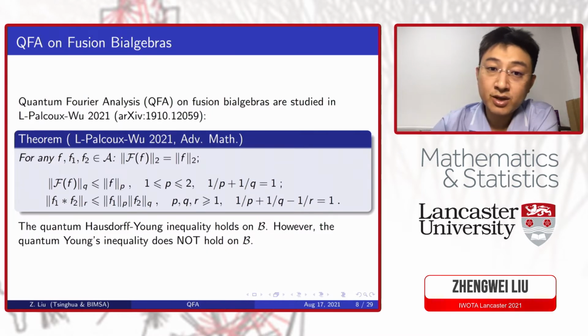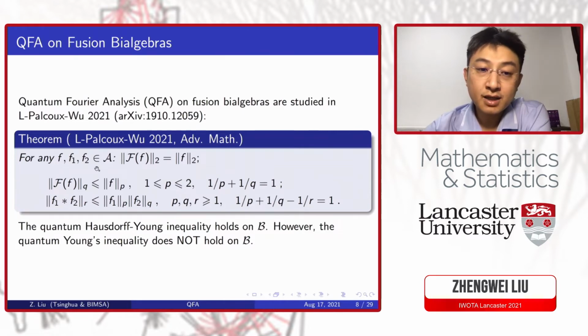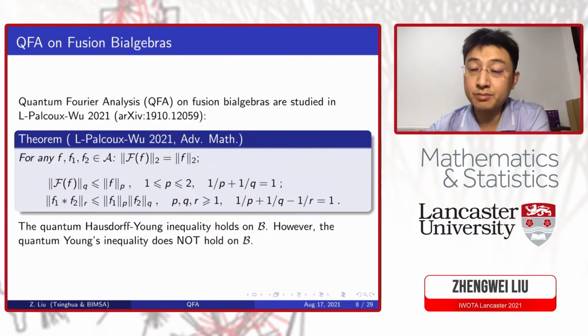Now let's see what happens to the inequalities. So first on the A side, as functions on probability groups or fusion rings, the Hausdorff-Young inequality and the Young inequality are still true. And the proofs are actually pretty similar to the classical case. But on the B side, it's a bit surprising that the Hausdorff-Young inequality is true, but the Young inequality is no longer true.